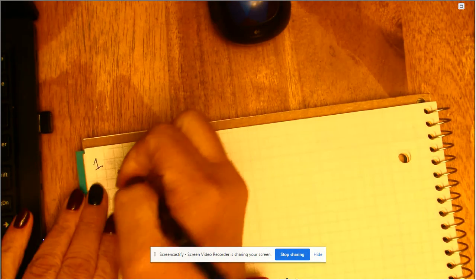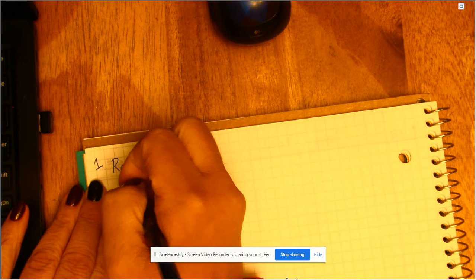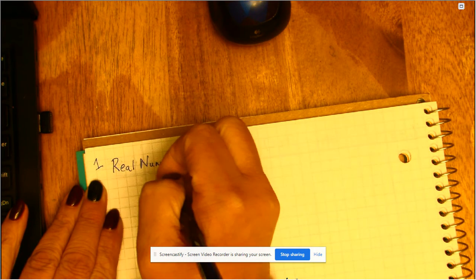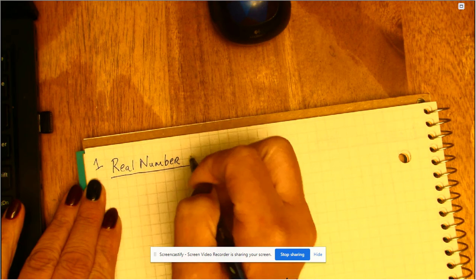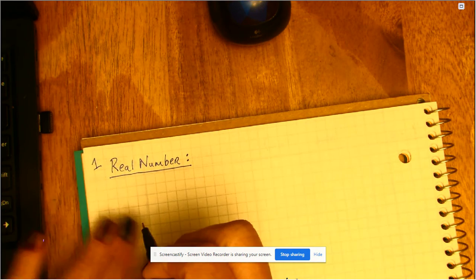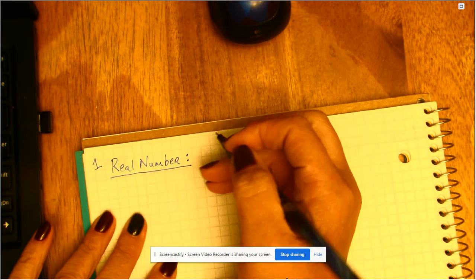So what is a real number? You've actually been using members or elements of the real number system since kindergarten, actually since before kindergarten. It's the first numbers you learned about.